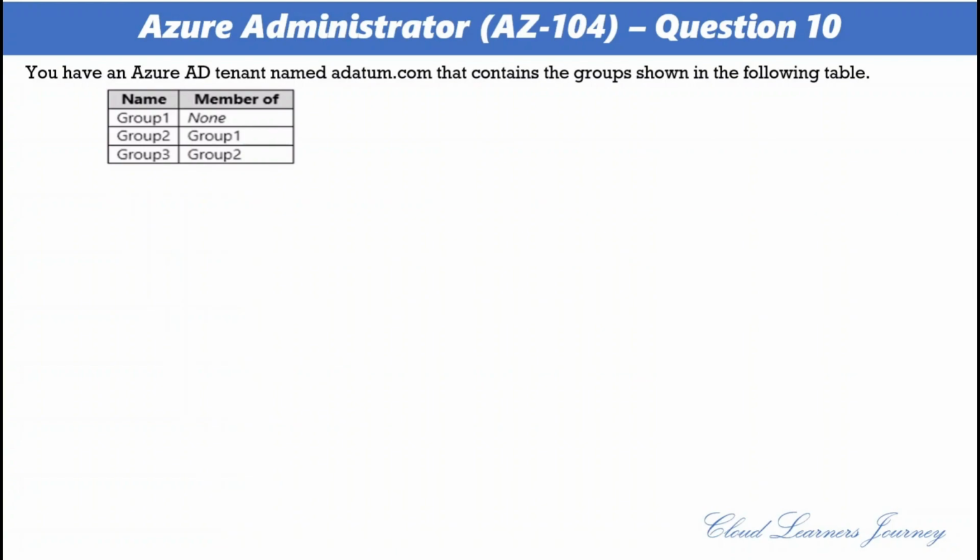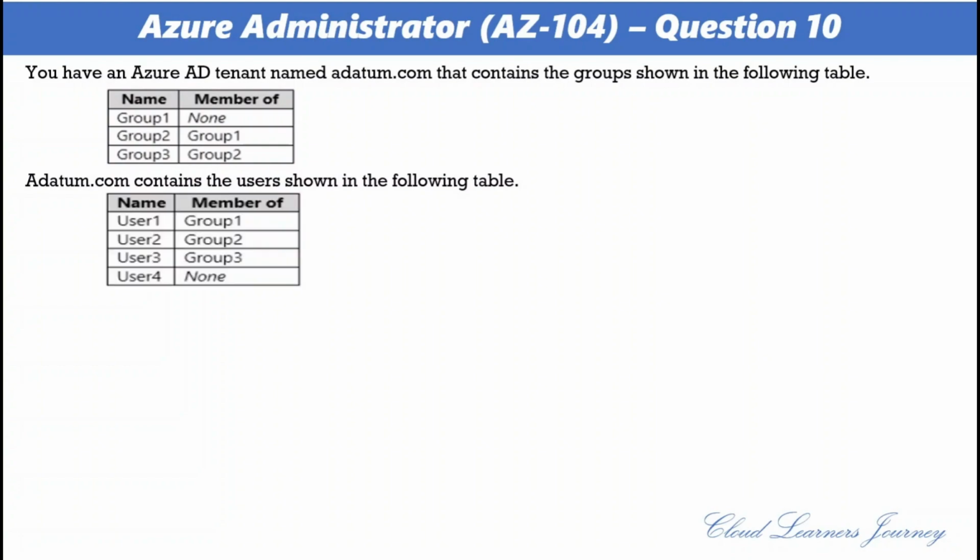Group 1, Group 2 is a member of Group 1, Group 3 is a member of Group 2. Adatum.com contains the users shown in the following table. User 1 is a member of Group 1, User 2 is a member of Group 2, User 3 is a member of Group 3, and User 4 is not a member of any group.